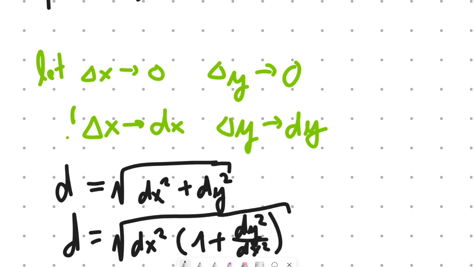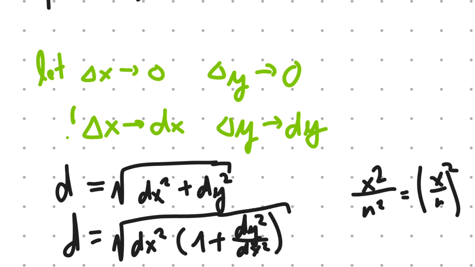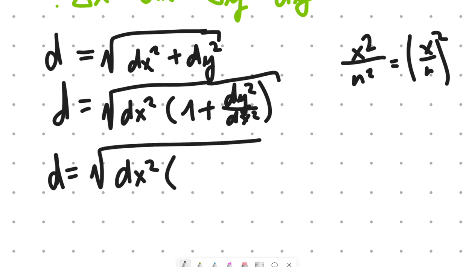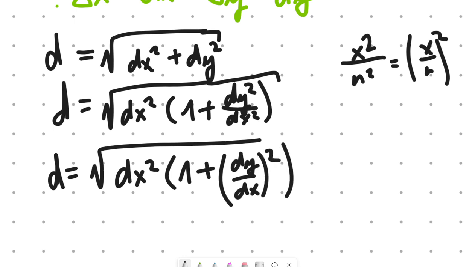Now, every time you have something like x squared divided by n squared, it's going to be x divided by n, the whole thing squared. So we can say that d is equal to the square root of dx squared times the parentheses 1 plus dy over dx, and the whole thing squared.